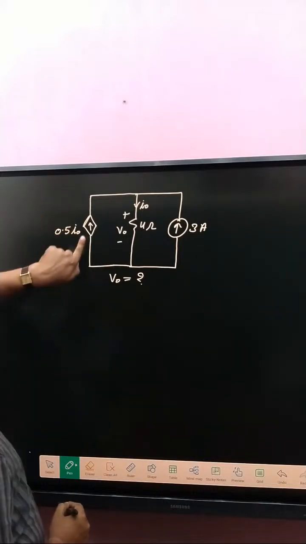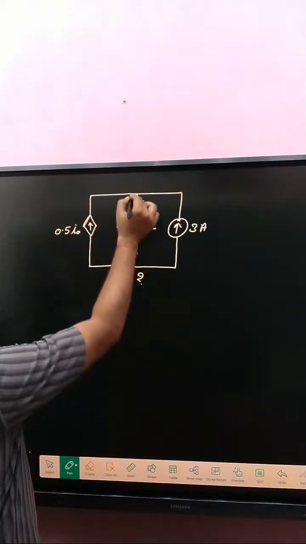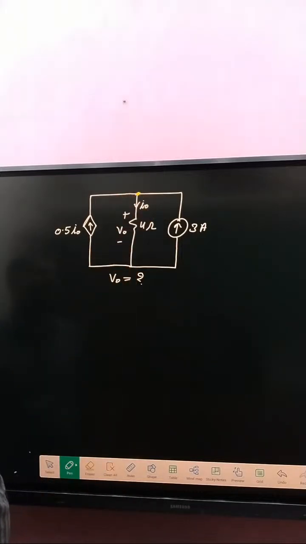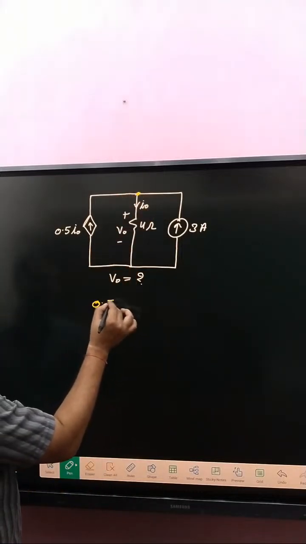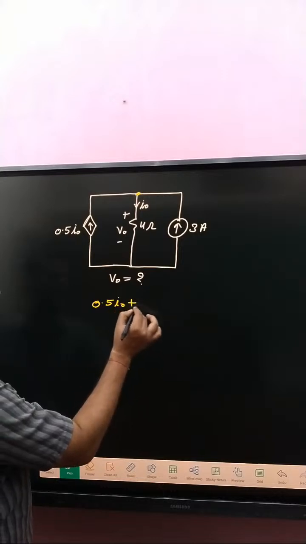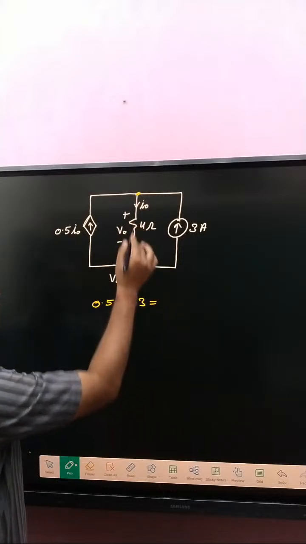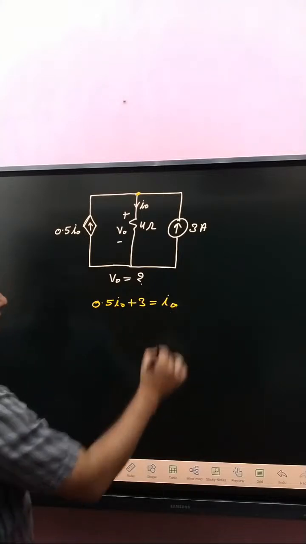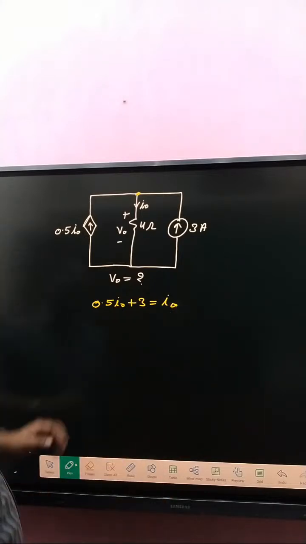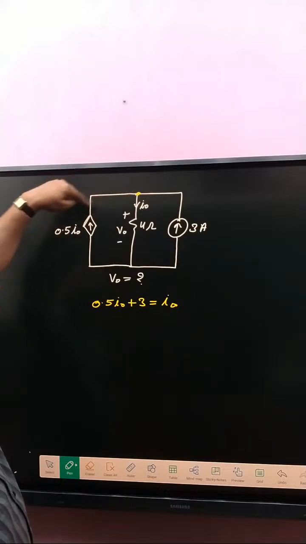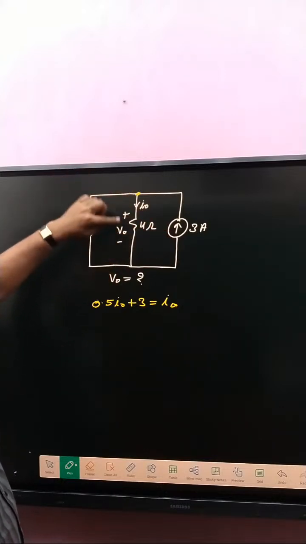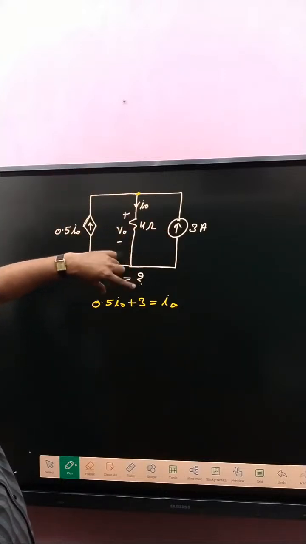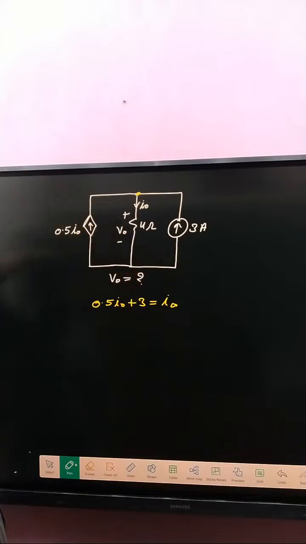What about current? If we apply KCL at that node, incoming current 0.5 I naught plus 3 is equal to how much? I naught. Very simple. According to KCL, incoming current at any node, that one and that one are incoming current, and outgoing current is that one. So the sum of these two will be I naught.